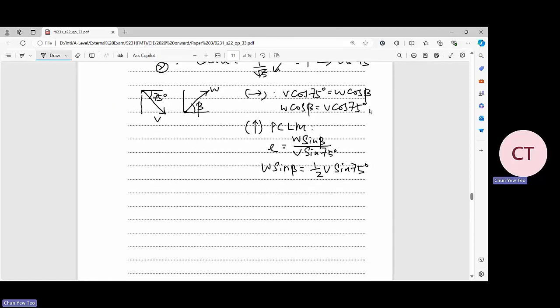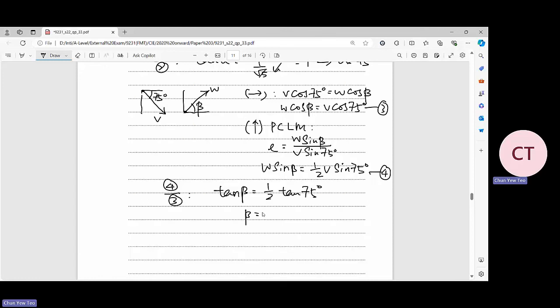Then what we need to do now is, I call this one number 3 and this one number 4. I just take number 4 divided by number 3. Then I will get tangent beta is equal to half of tangent 75. Just use your calculator and you can find beta.